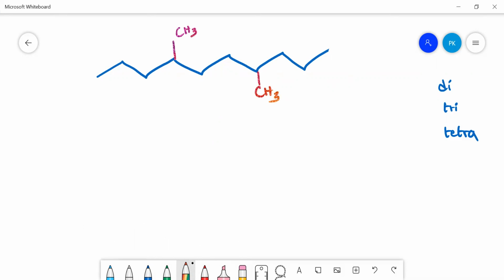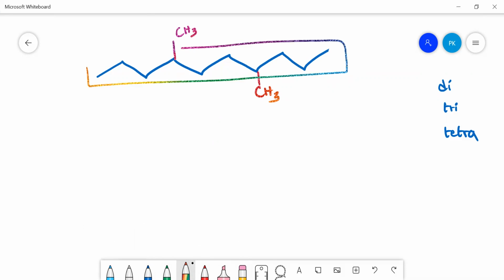Write the name of this one. So the parent chain will be this, no doubt, because we have only one carbon-carbon chain here, not more than one.